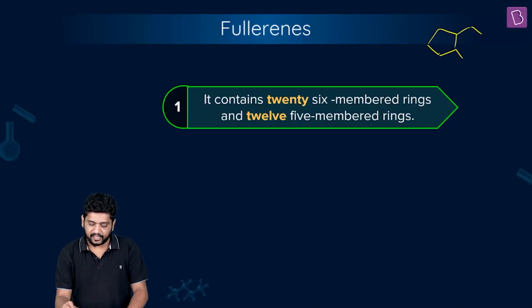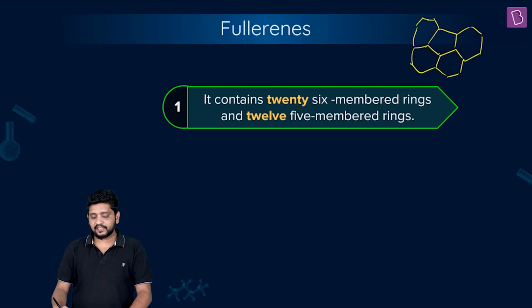Each 5-member ring is going to be surrounded by 6-member rings. So 6-member rings can touch each other as well, but 5-member rings cannot touch each other, right? So if you have a 5-member ring like this, right?